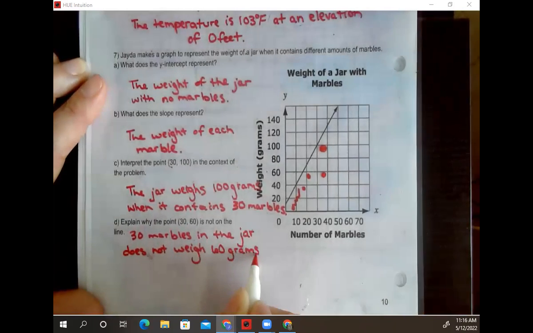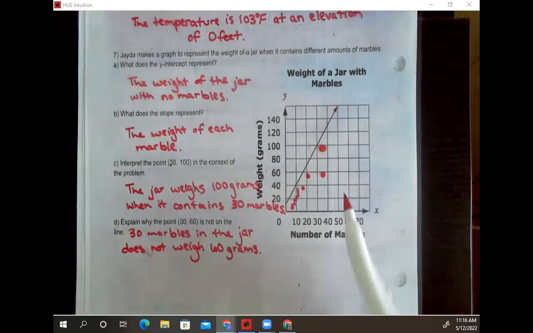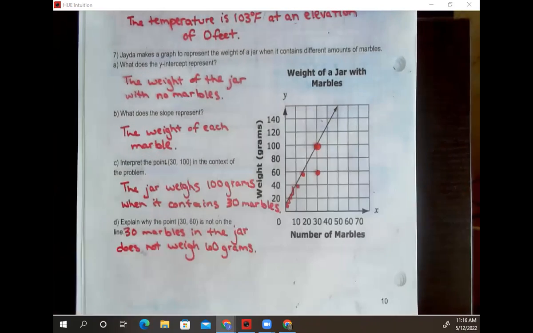And if you included for me how many marbles would weigh 60 grams, or the weight of the jar with 30 marbles in it, that is absolutely fine. Again, the big idea, the reason this point's not on the line is because that amount of marbles does not have that weight.